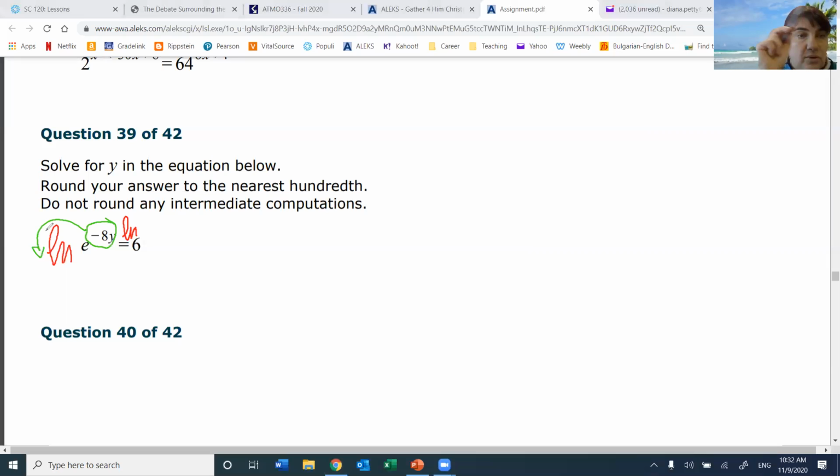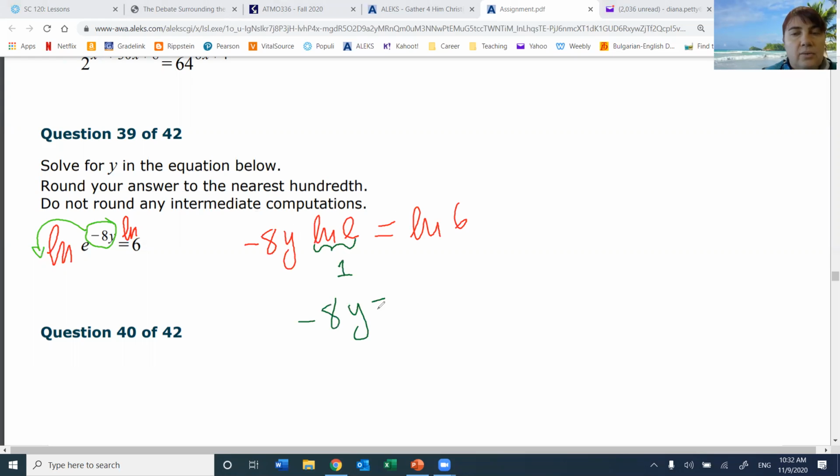So it takes the minus 8y out. Minus 8y, logarithm of e, which is 1, as she said. So this equals 1. Minus 8y equals logarithm of 6. You just need to calculate this.